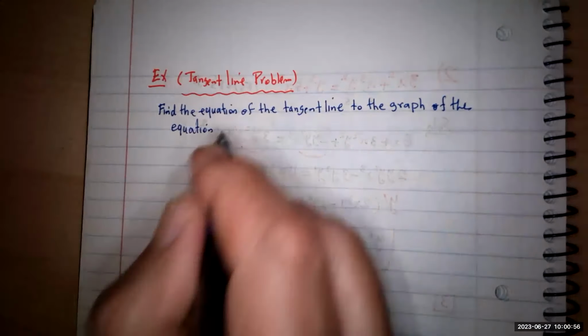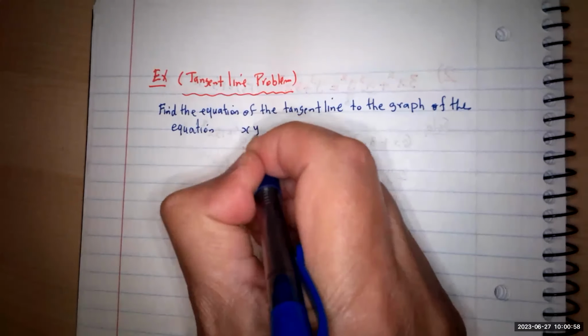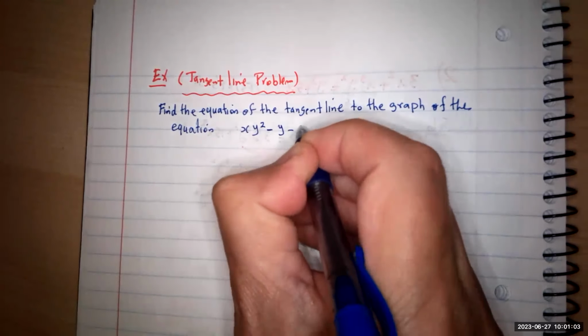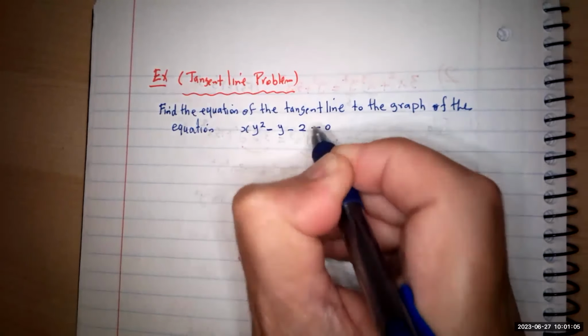The equation is x y squared minus y minus 2 equal to 0.